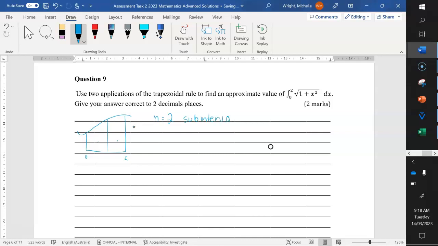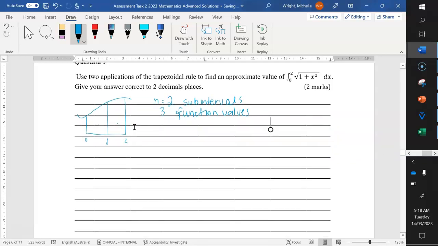So I'm going to write that in there. 2 sub-intervals, 3 function values. So I've got n is 2, and I need to have a number in the middle, which is going to be 1, because that's going to evenly space it between 0 and 1 and 1 and 2. This was a HSC question from last year's HSC, so a really good question to get really good at.